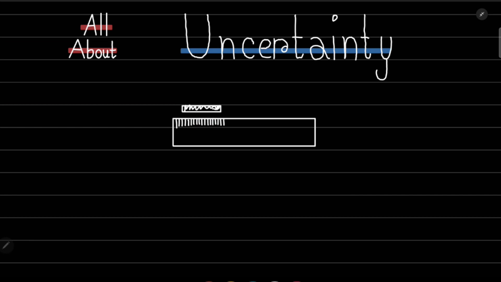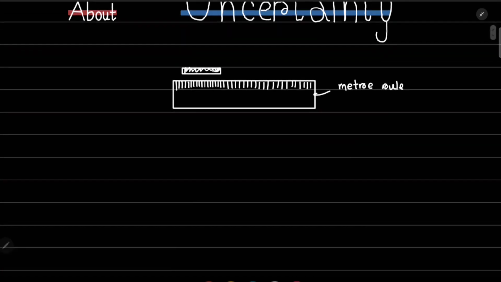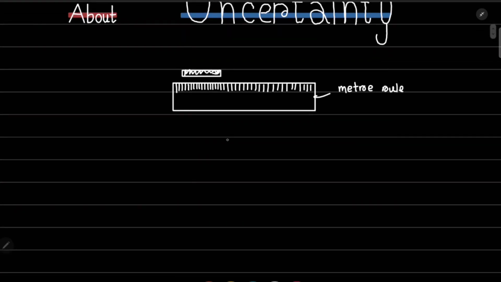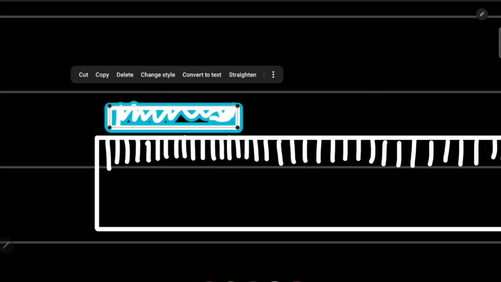Now when I use a meter rule over here, the values are given 1 millimeter apart. So if I zoom in and see, I'll place it next to the 0 line and I'll take a reading over here in this case.